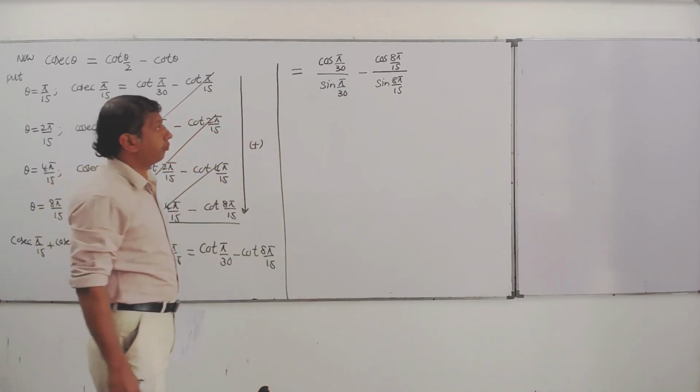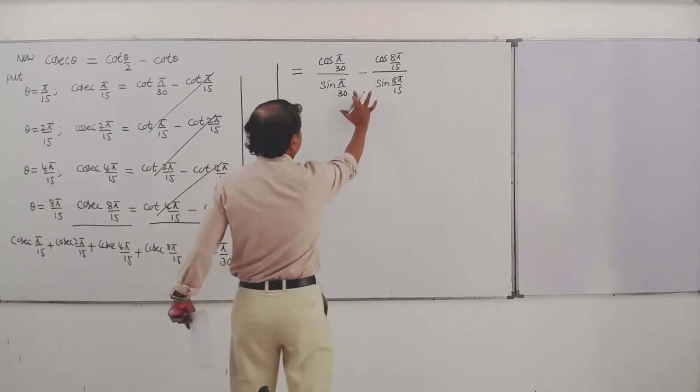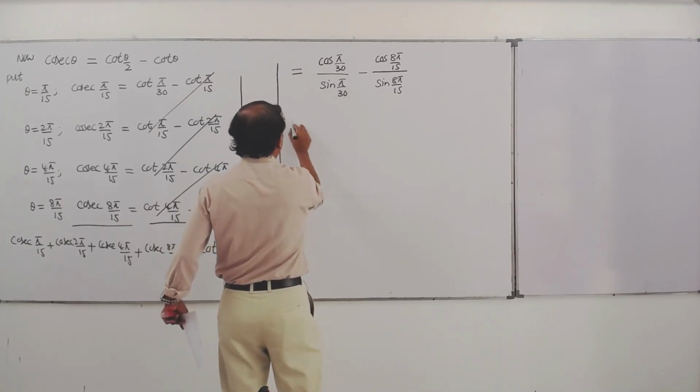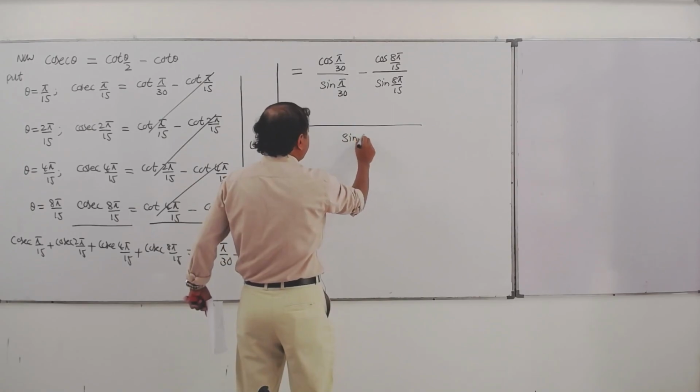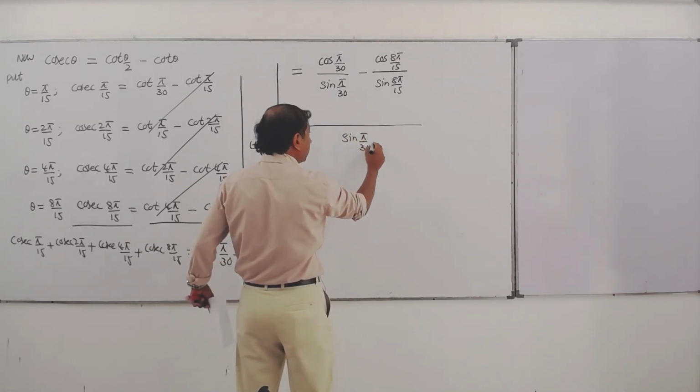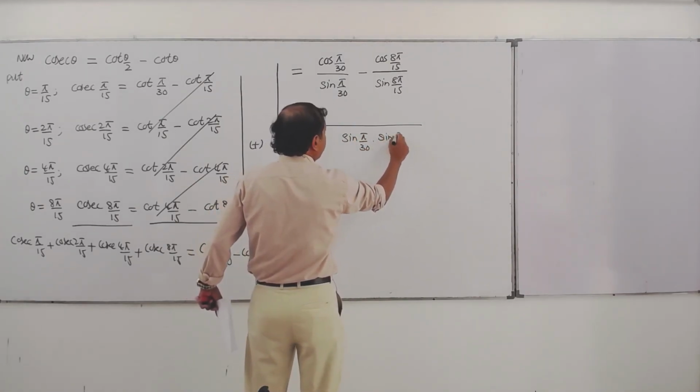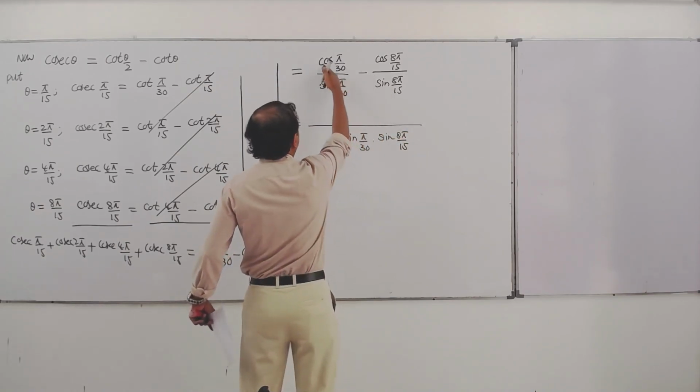Correct, no? Now we will take product of these two as a common denominator. Then what do you get? Sine pi by 30 into sine 8 pi by 15. This comes here, this goes here.